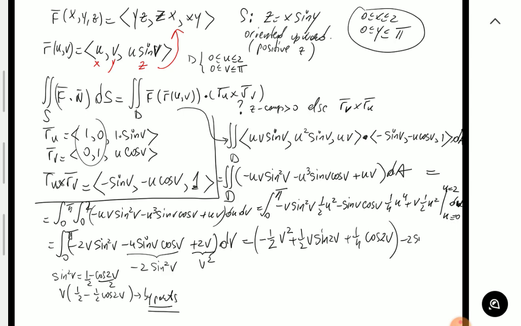And like I said, the other ones are minus 2 sine squared v plus v squared. Anyway, take the time and evaluate. All this is between v equals 0 and v equals pi. So when you evaluate that, the final answer should simplify to pi squared over 2. So that's it for the surface integral.